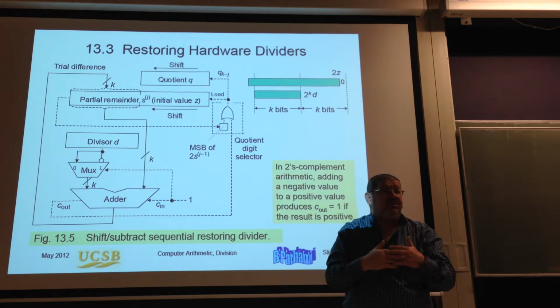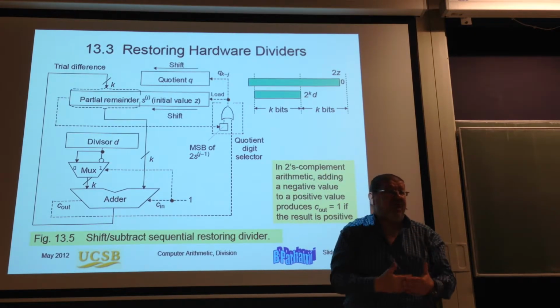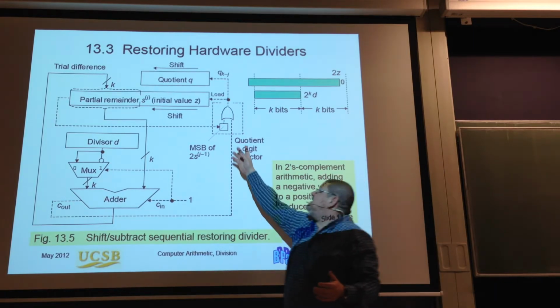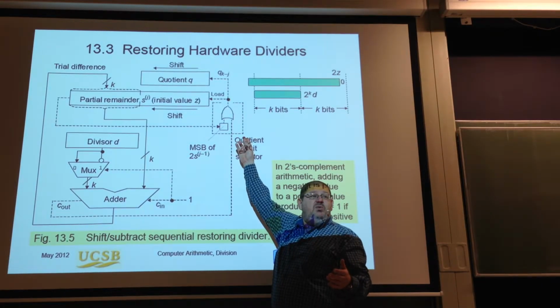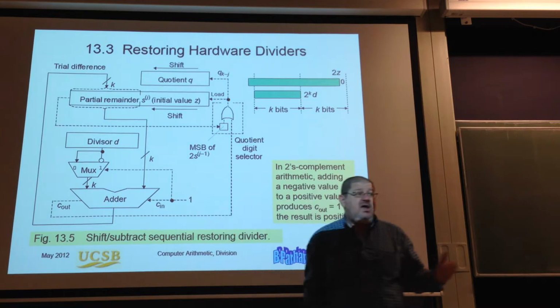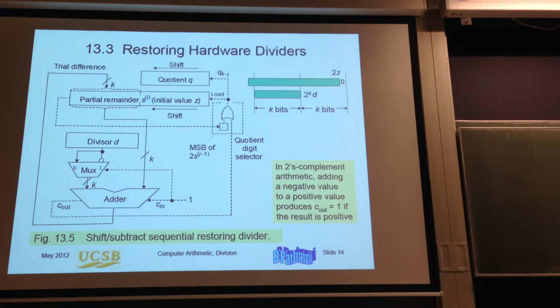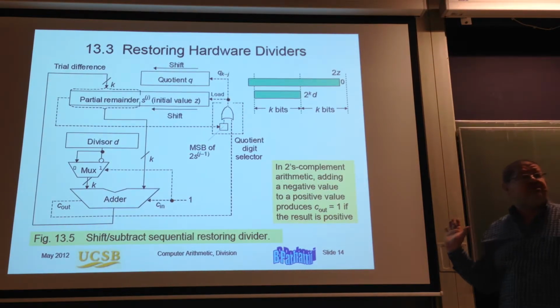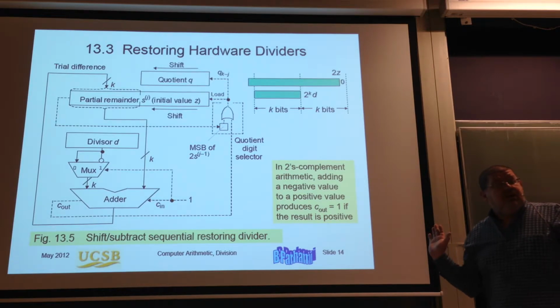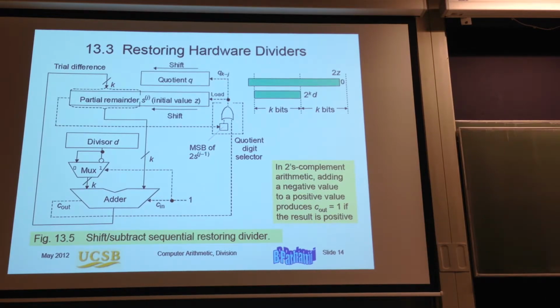If this is not good, the result is a negative number, and this gate will produce a 0, which means the trial result will not be stored in here. I will inject a 0 in here. Then in k cycles, I'm done with the calculation.